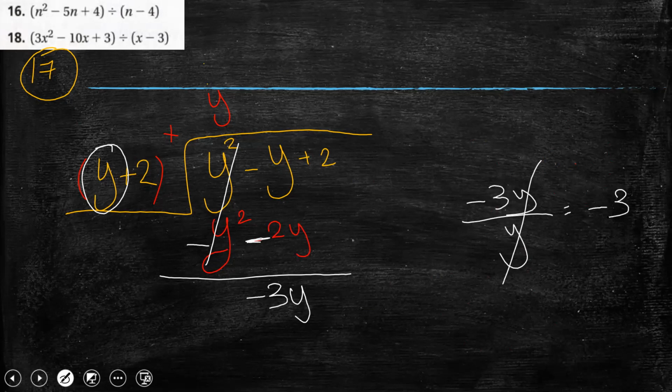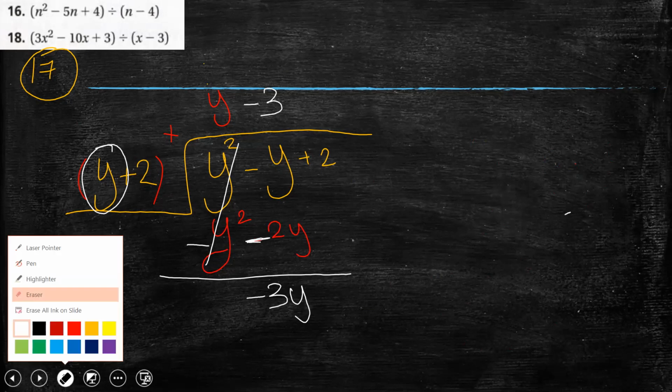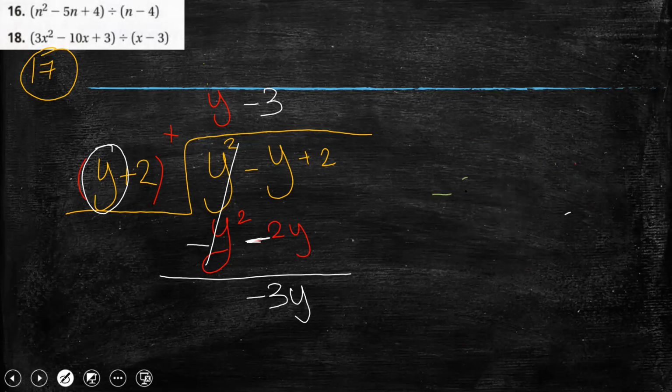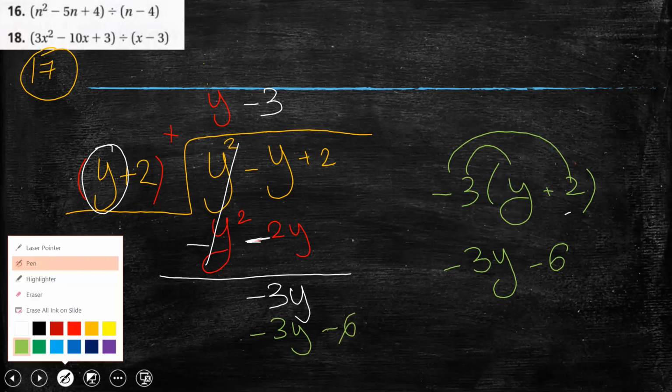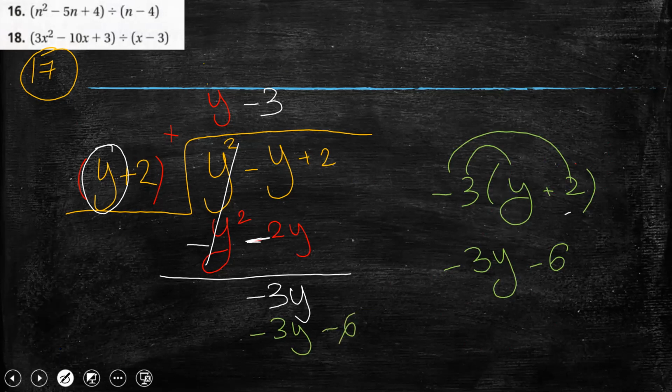We get negative 3. So let's put negative 3 here. Then let's multiply negative 3 with y plus 2. So it will be negative 3y minus 6. Then change the sign. Plus, plus.